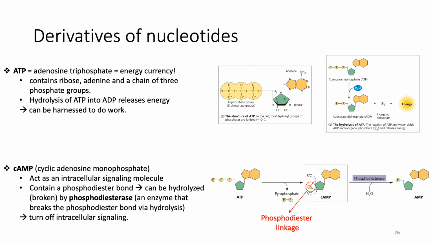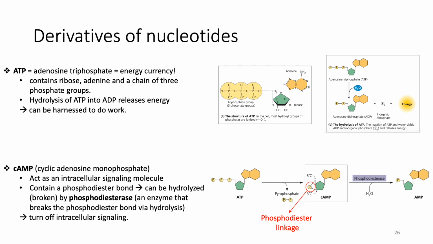This phosphodiester linkage creates a new ring in the structure, in addition to the ribose and the nitrogenous base. This ring accounts for the cyclic part of cyclic AMP.